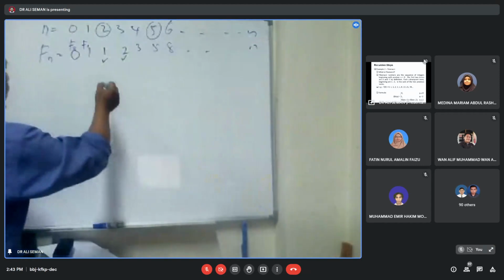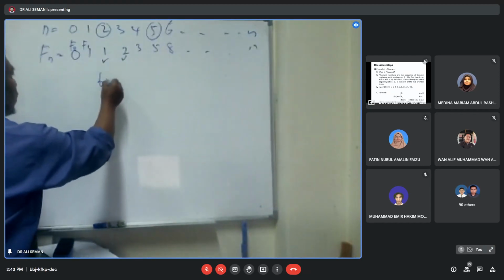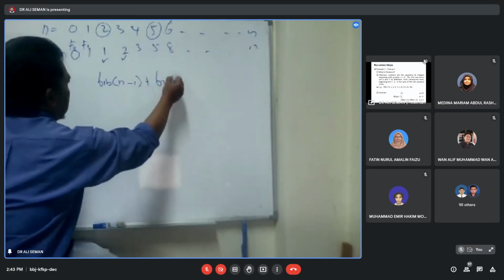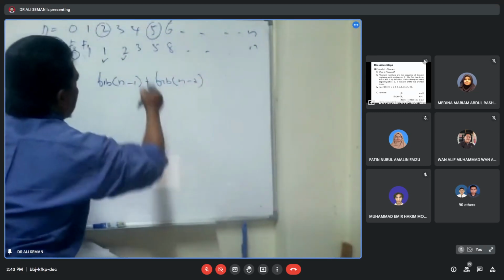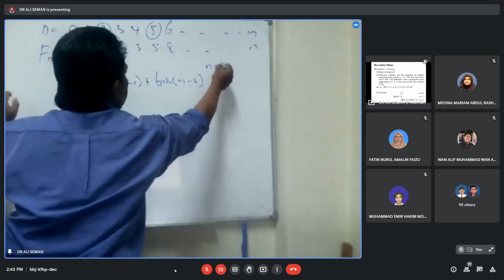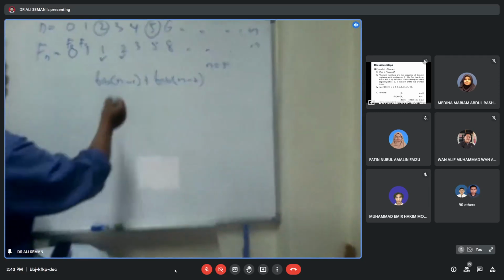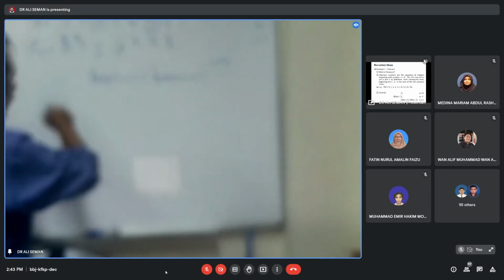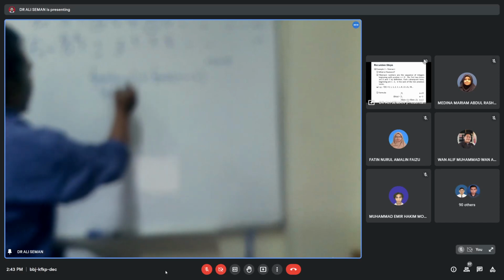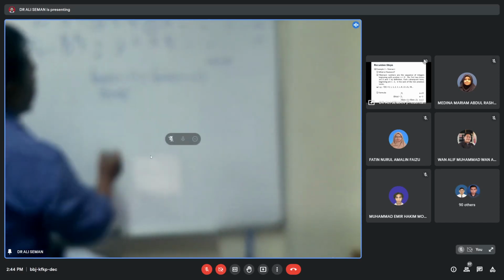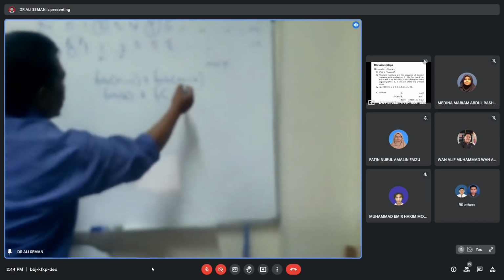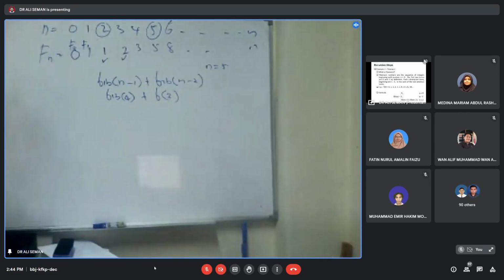Based on the function, we have Fibonacci n minus 1 plus Fibonacci n minus 2. When you substitute n equal to 5, we can see the recursion clearly in the graph. So n minus 1 is 4, plus 5 minus 2, 3. Is it correct?